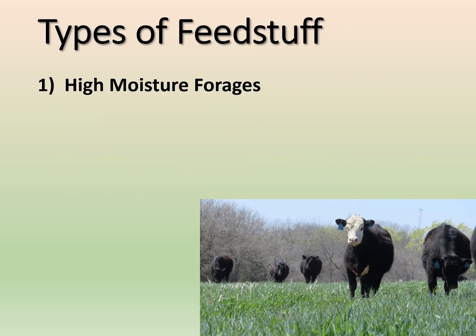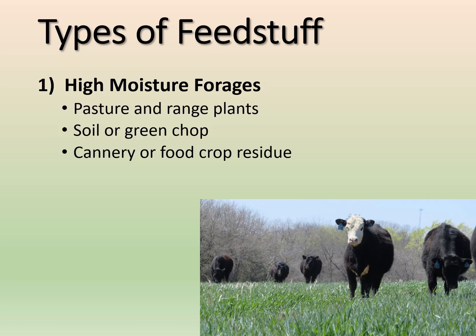We're really going to go through the different options we have, these different types of feedstuffs, and who is going to eat these different types of feed. Our first category is high moisture forages. These are the grasses that are fresh: fresh, green chop, pasture, having these animals out on pasture, free range as well.